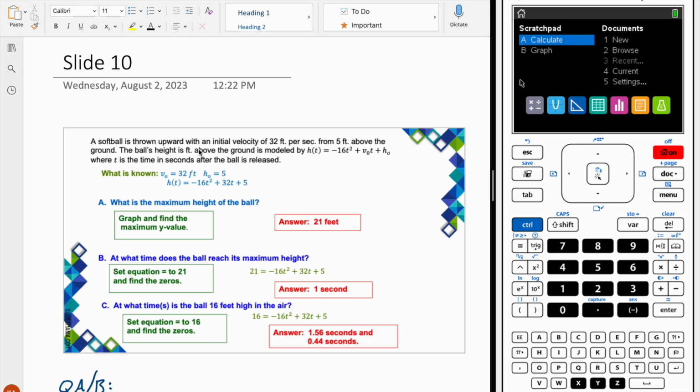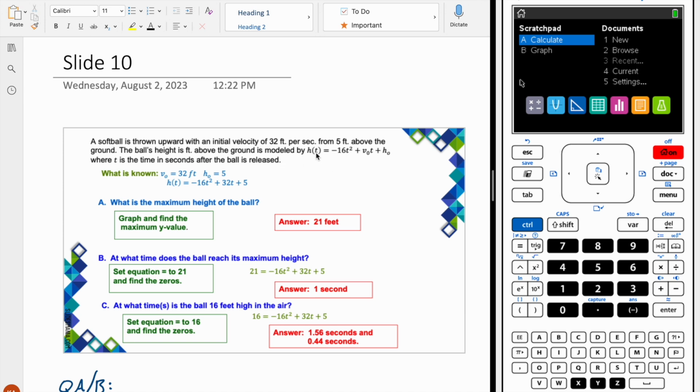The ball's height in feet above the ground is modeled by h of t. Notice whenever t is generally used, it will refer to time. h of t is equal to negative 16t squared plus v0 t plus h0, where t is time in seconds after the ball has been released.